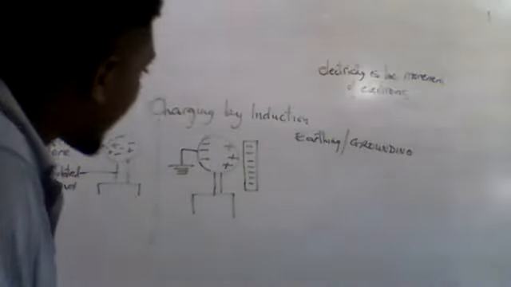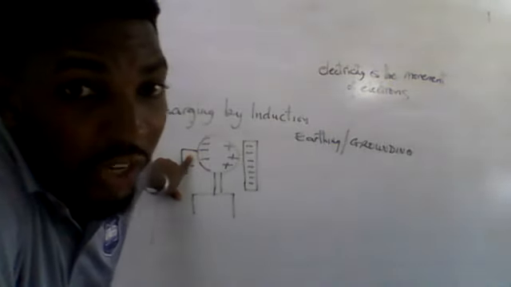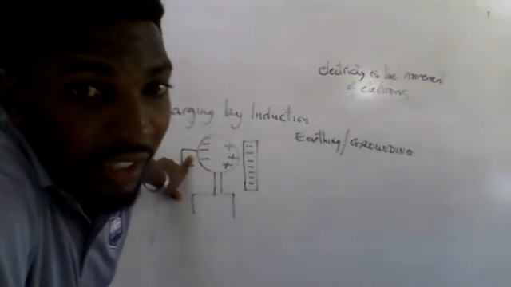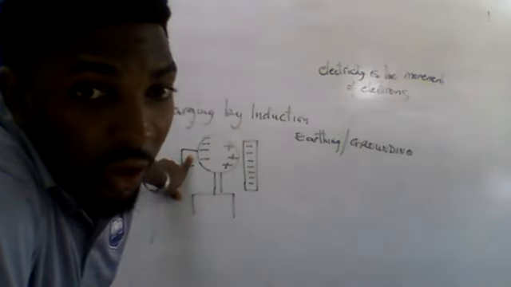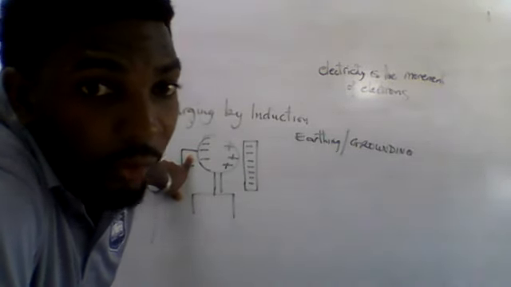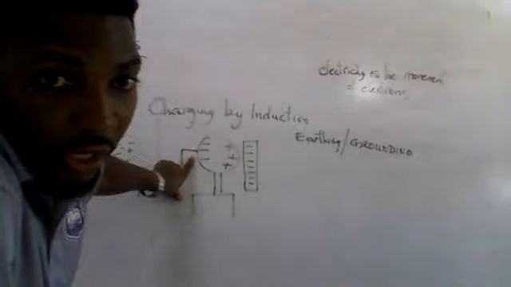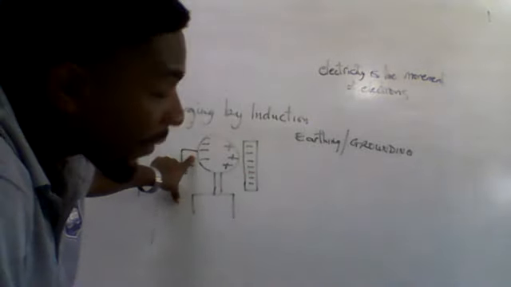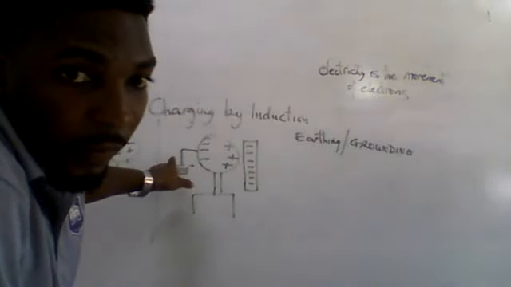Now, in this case, it's like opening a window. If somebody wants to get out of a house and the door is locked, we can jump through the window. So that's what earthing is doing. It's allowing a direct avenue for the charges to flow. Right?